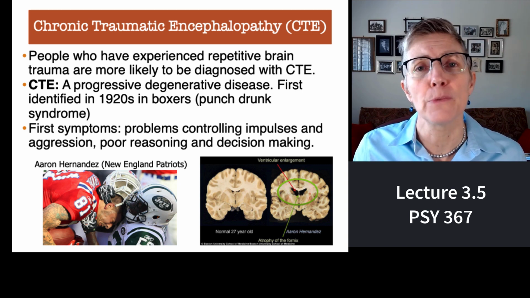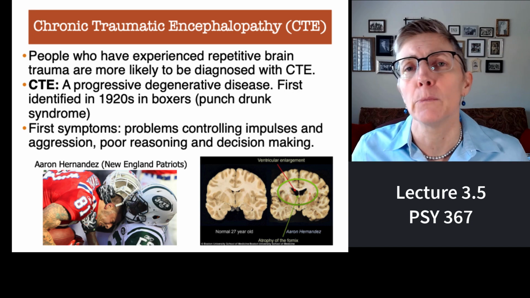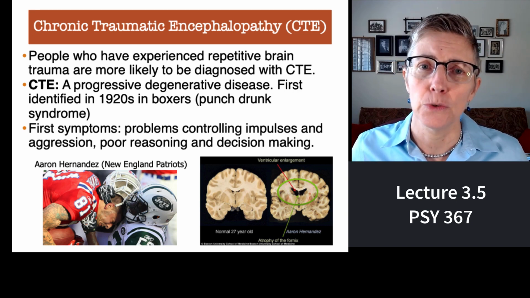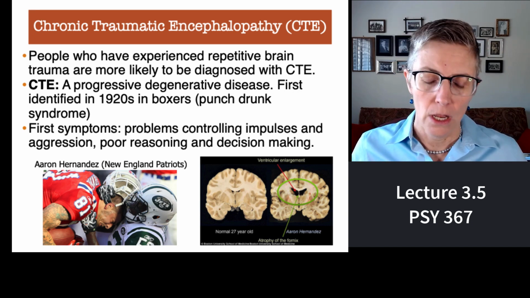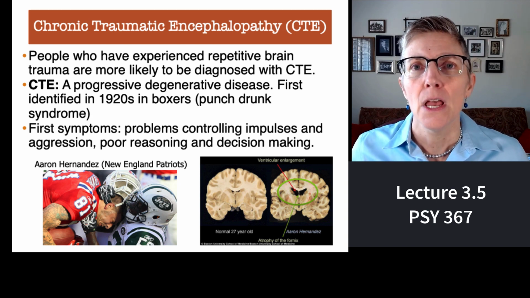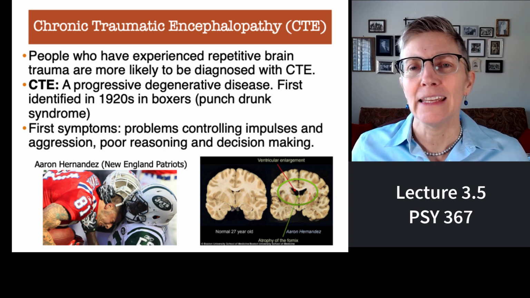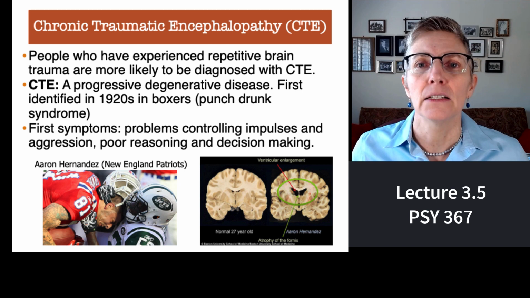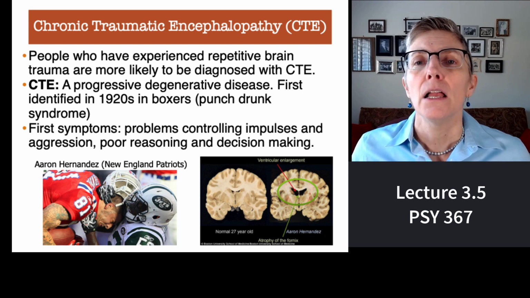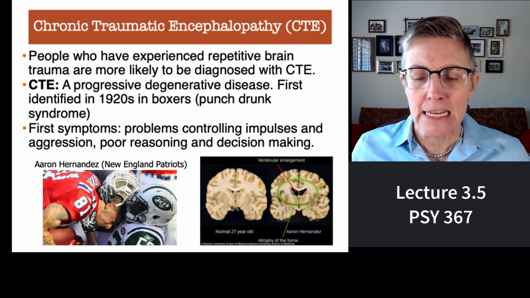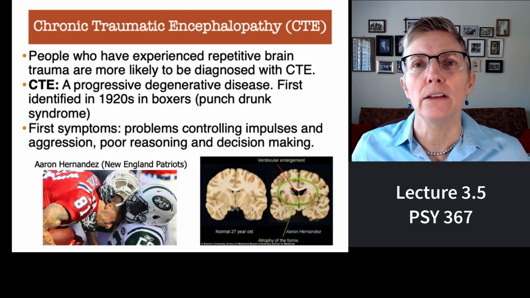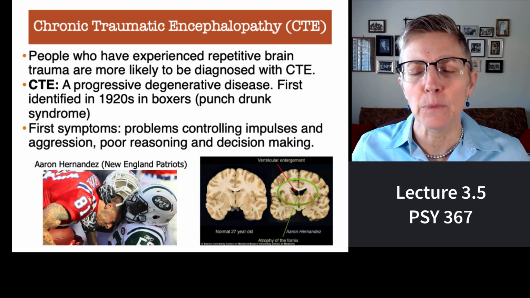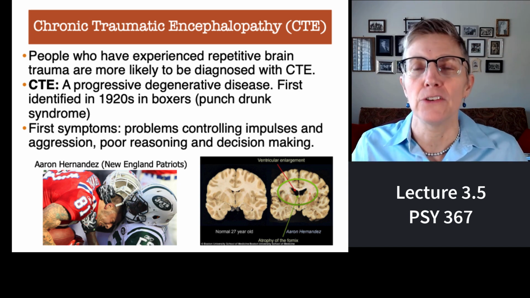The slide shows a picture of a football player by the name of Aaron Hernandez, who was an amazing football player for the New England Patriots. He also was a convicted murderer. He committed suicide while he was in prison, and his family donated his brain to research.